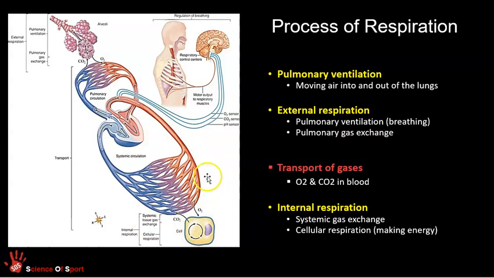This is called the systemic circuit or the systemic circulation. That rich oxygenated blood goes off to our body systems, our muscular systems, where we diffuse the oxygen into our muscles, we diffuse the CO2 into the blood, and we take this blue-coloured deoxygenated blood back to the heart, which pushes the deoxygenated blood up to the lungs, and the process starts again.